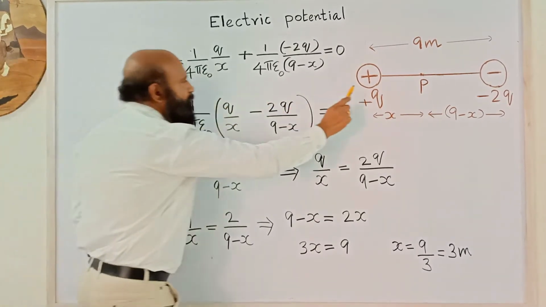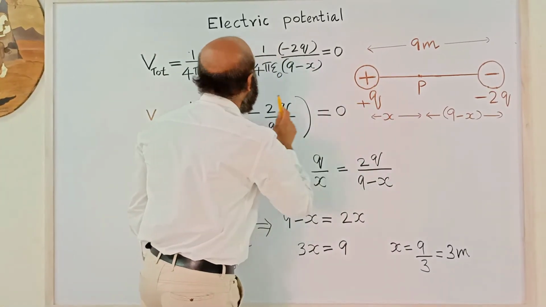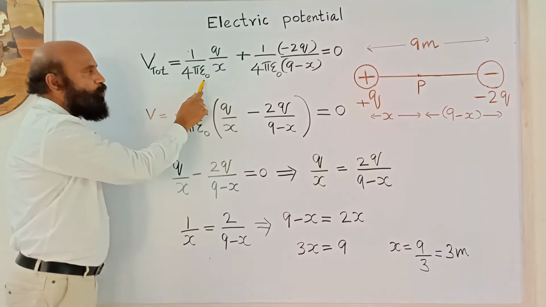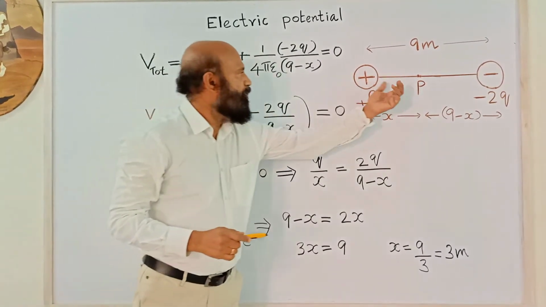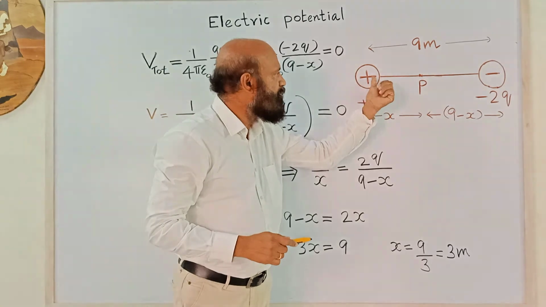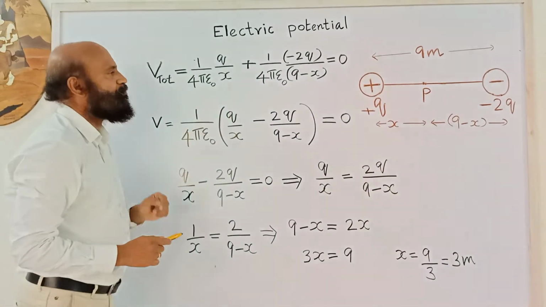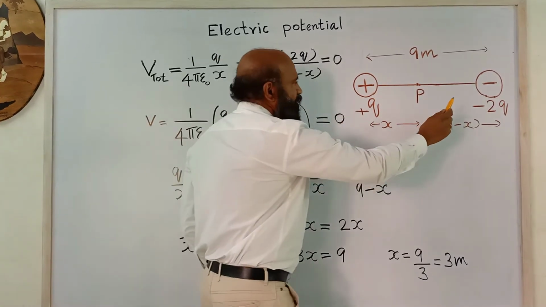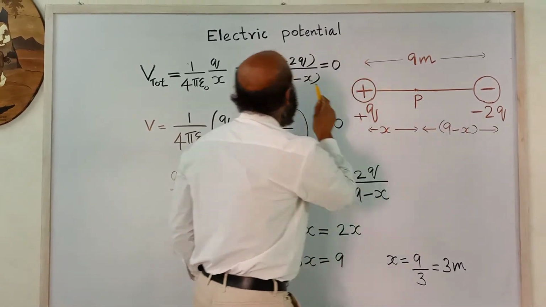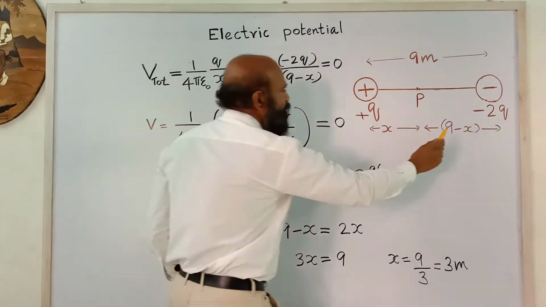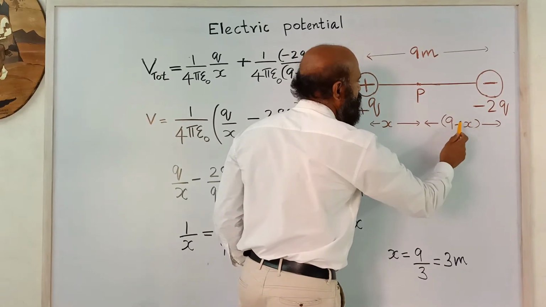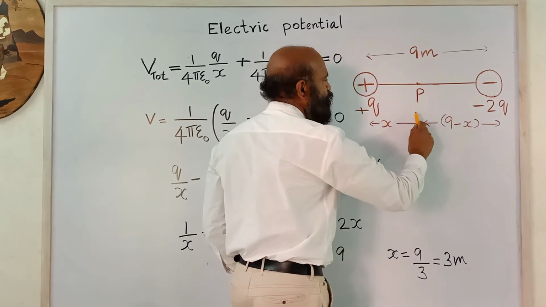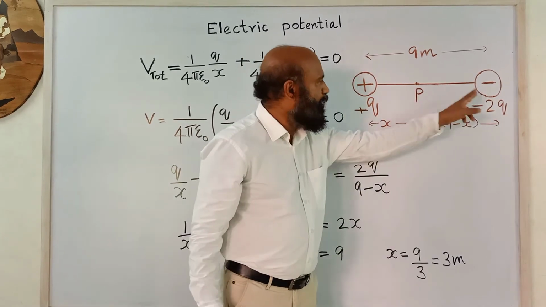So potential at this point, because of the positive charge, is 1 by 4 pi epsilon 0 q by x, because the point is at a distance x from the charge, plus the second charge is minus 2q. The point is at a distance of 9 minus x from the negative charge.